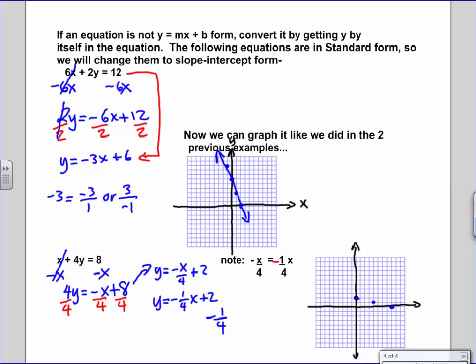And again, if we assigned the negative to the bottom instead of the top, then we simply would have gone up 1 and left 4, which is still the same line. Draw a line through it, and you're done.